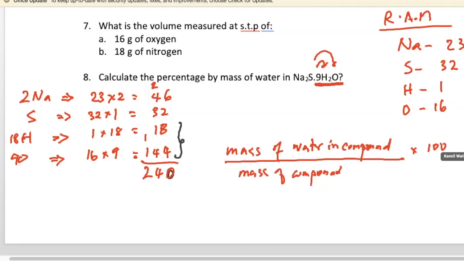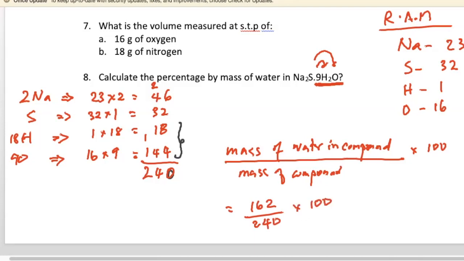We know the mass of the compound is 240. The part associated with water would be 18 plus 144, which is 162. That's the same as 9 times 18, 162. So we end up with 162 divided by 240 times 100, because we're looking at that as a percentage.